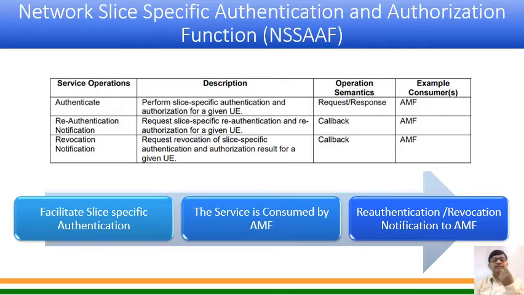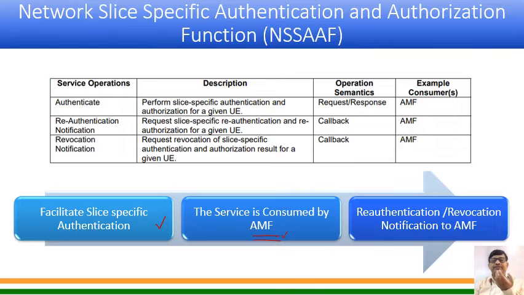Now let us look at the network slice specific authentication and authorization function, which came in Release 16. So what is this for? This is for facilitating slice specific authentication. And who is the consumer of this service? The AMF is the consumer of this service, right?